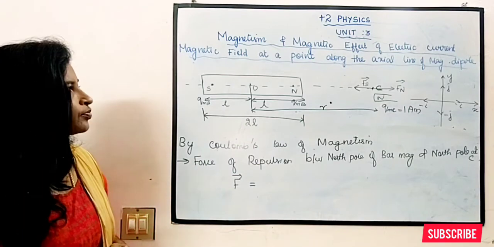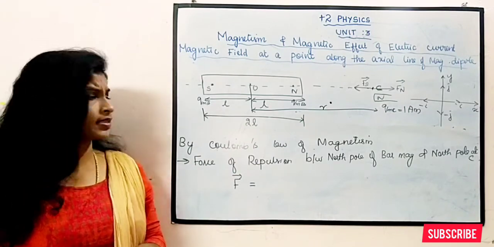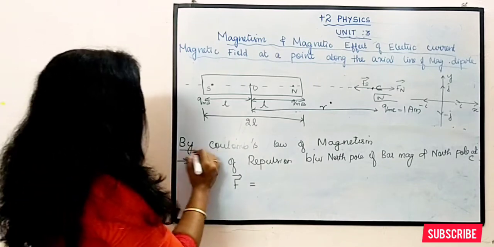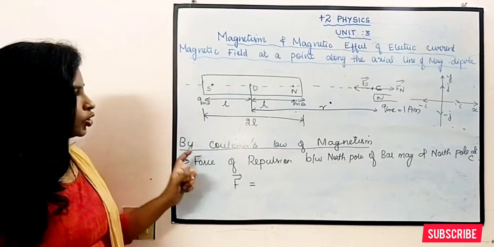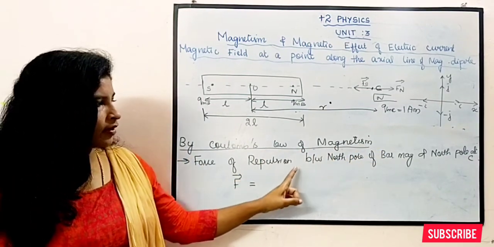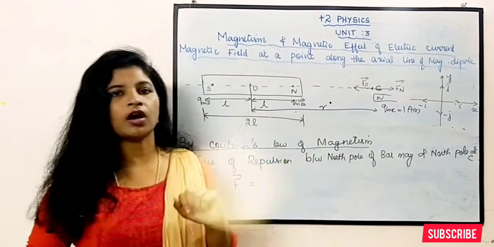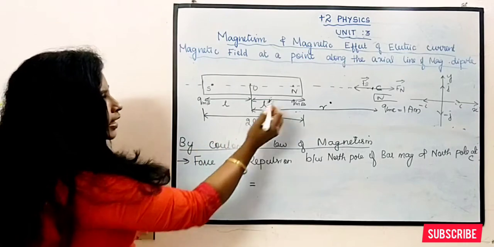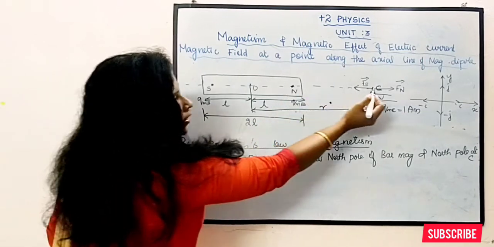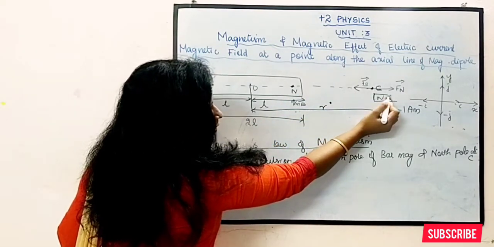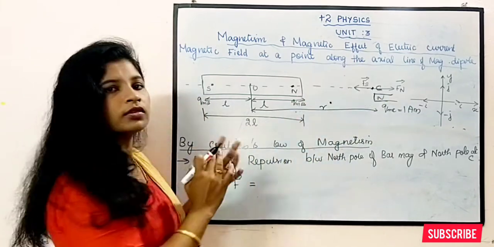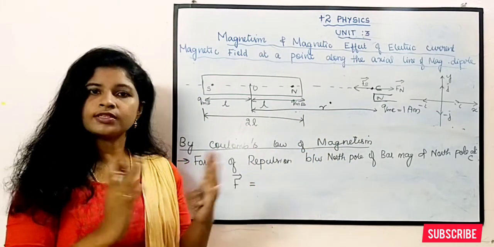Now let us calculate, by Coulomb's law of magnetism, the force of repulsion between the north pole of the bar magnet and the unit north pole at C. Both are north poles, right? Same poles will repel.